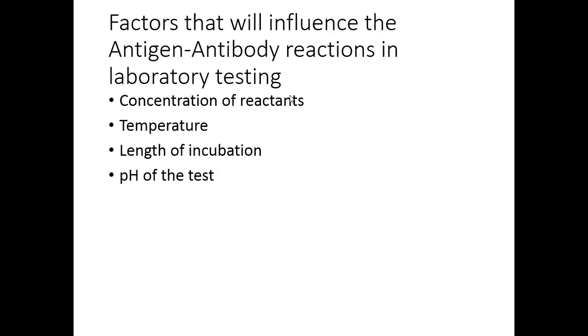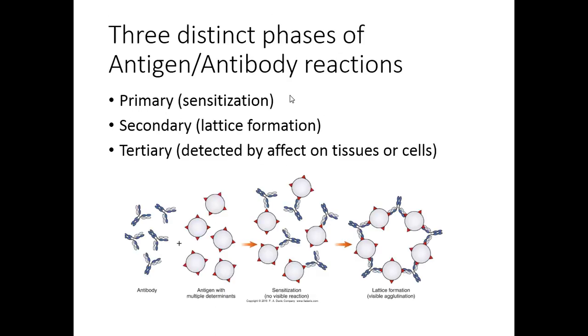First, before we move on to the tests, we need to spend a few more minutes talking about how antibodies and antigens react, and the phases of antibody-antigen reactions that lead us to see something visible in a laboratory test.